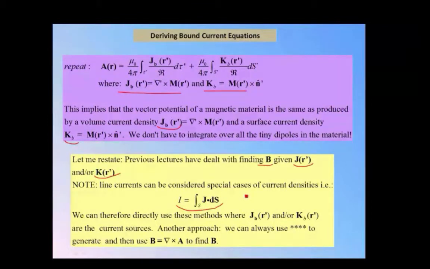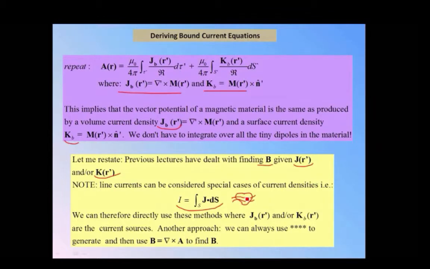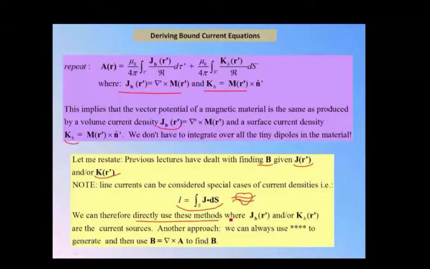So if you had a surface like this, and you had a current density flowing through this, if you took J and integrated over the area, that would give you the current flowing through this region here. Well, the bottom line is that we can directly use the methods that we had before for finding the B field from current distributions by just using the bound currents as the sources of the B field.